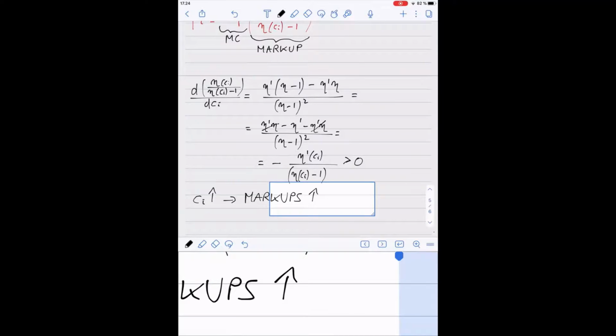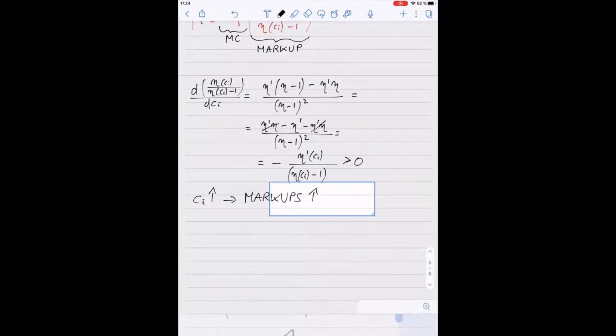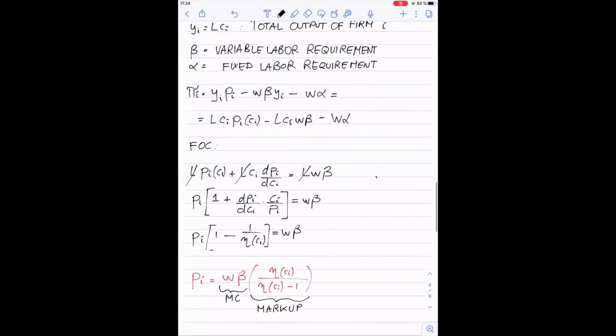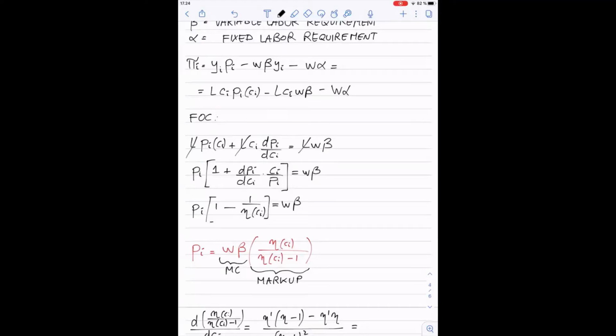Excellent. Now, a crucial thing about the firm problem, if we go back and look at it: if you look at the pricing equation, we have that the price PI of a firm I depends on the marginal cost, which is the same for all firms, and then depends on the markup, which is a function of CI.